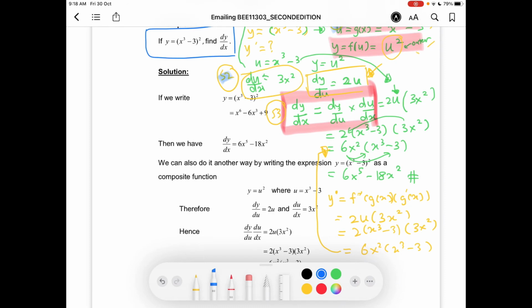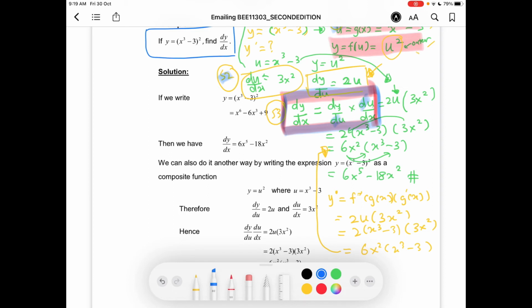Alright, and then the only difference is that in step 3 I'm using this full formula here, which makes more sense. Okay, because dy over du times du over dx, you can cancel out the du so that you get dy over dx.